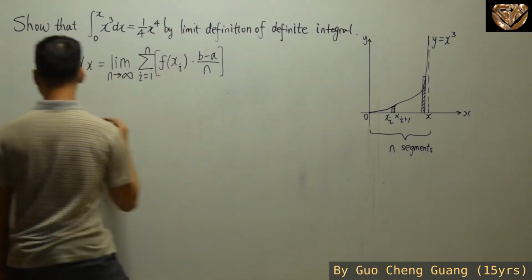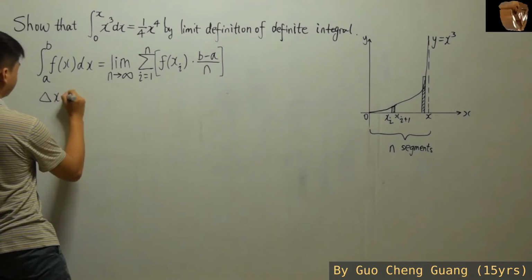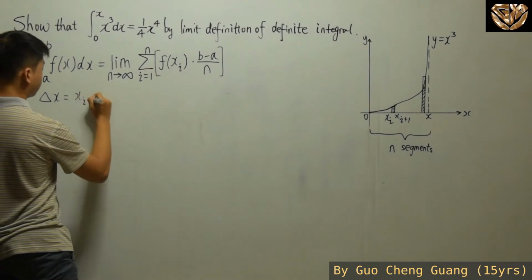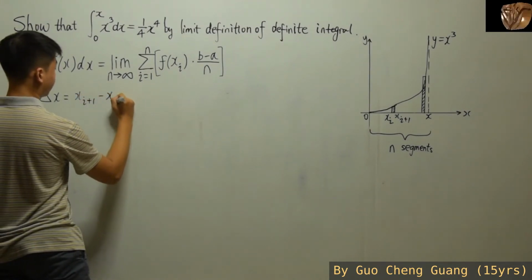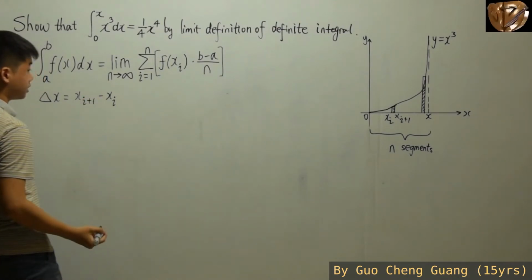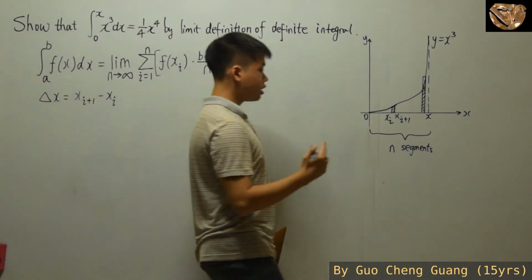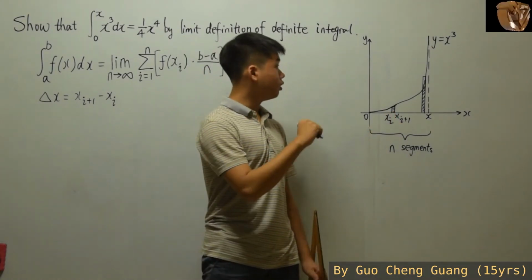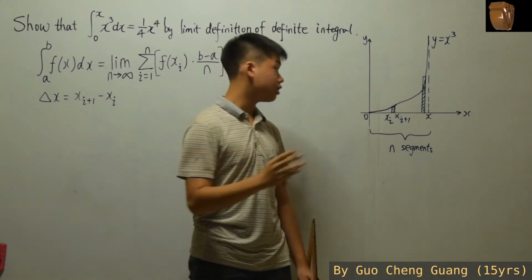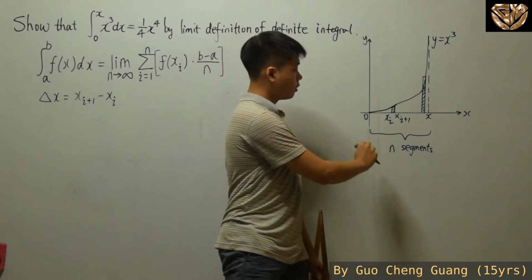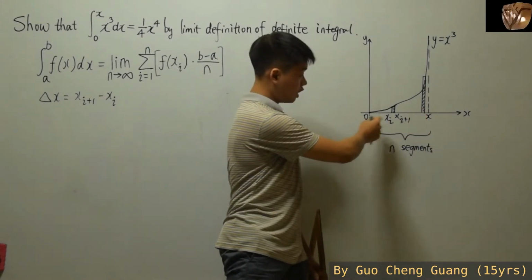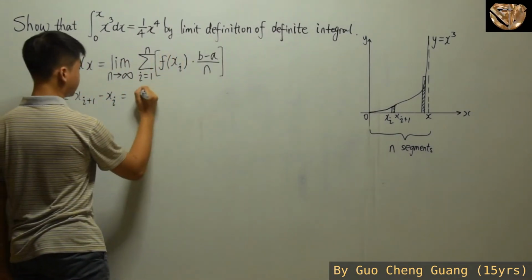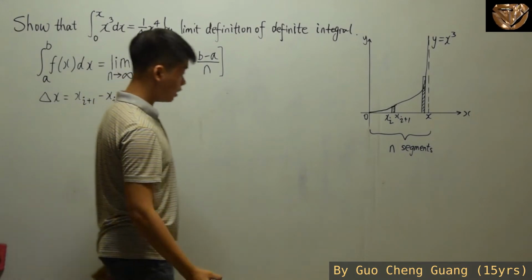So the base is basically delta x. And in this case of delta x, let's say you're using x_{i+1} and x_i. So what does this mean for the base? And once again, you have to look at your number of segments. Since these are consecutive points along this x-axis, that means x is your total length divided by n. That would actually be your little interval, which is x over n. Alright?